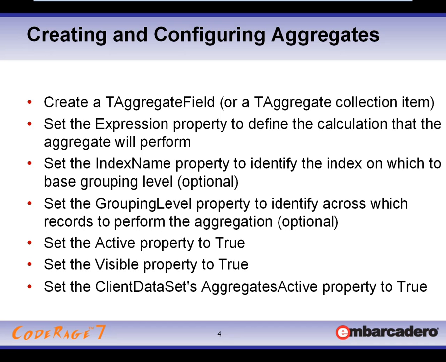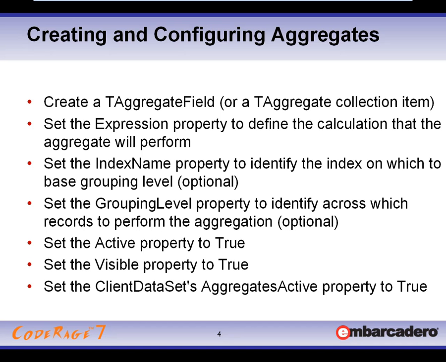But if you have your data grouped by some category, for instance, you have a table of orders and you want to calculate the total value of the orders, but organize them and group them by customer so that you get a total value of orders by customer, then you need to have an index.